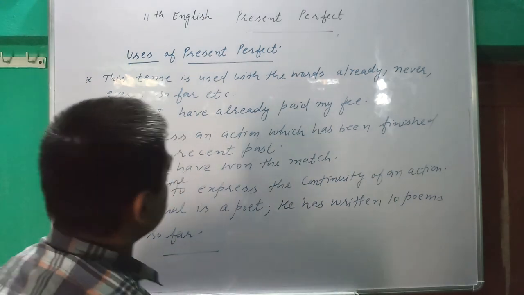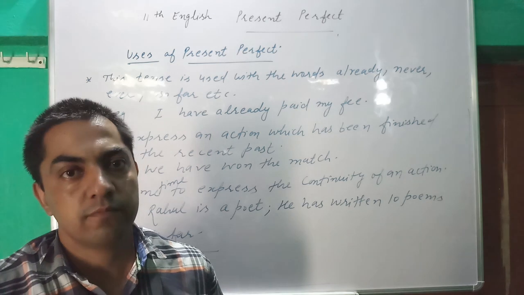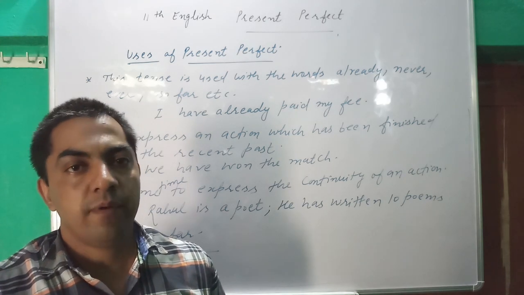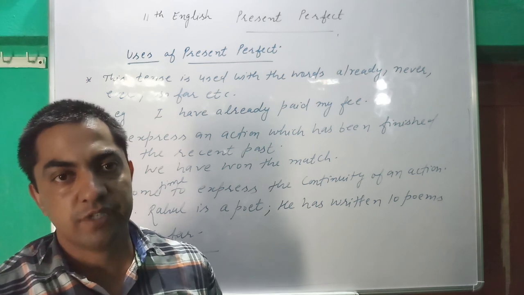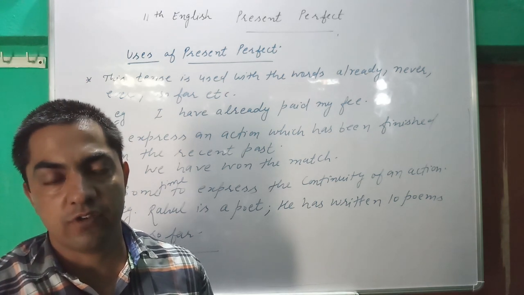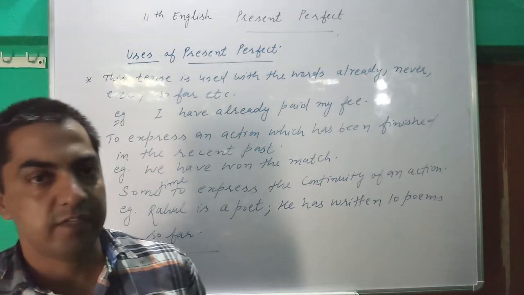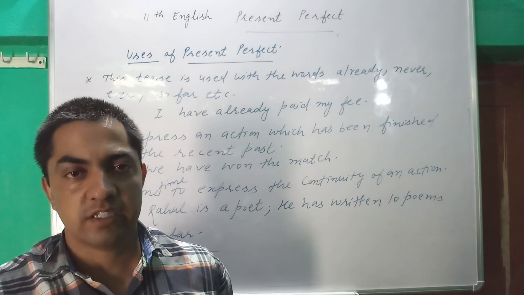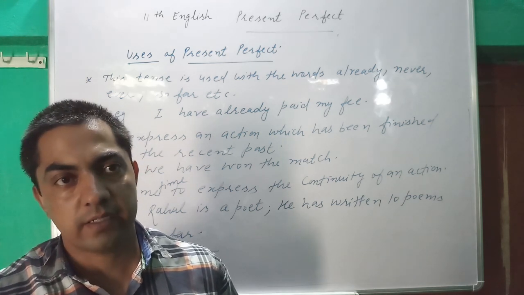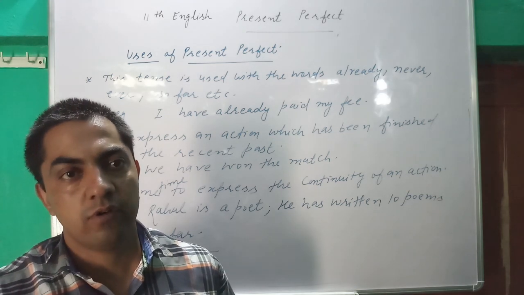Okay. In today's video, I have told you about the helping verbs of present perfect. Helping verbs has, have. When the subject is I, we, you, they, any plural thing, we should apply have. Rest of all subjects we should apply has plus third form. After that, we have discussed the structure of present perfect: simple structure, negative structure, interrogative plus negative.